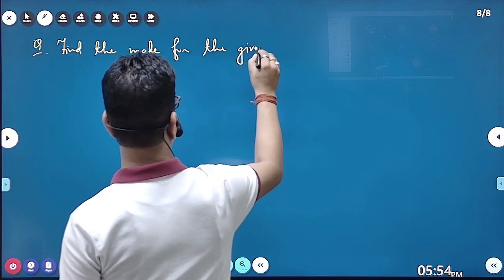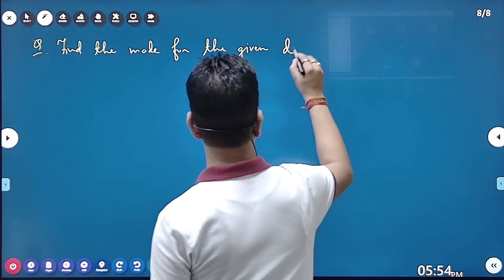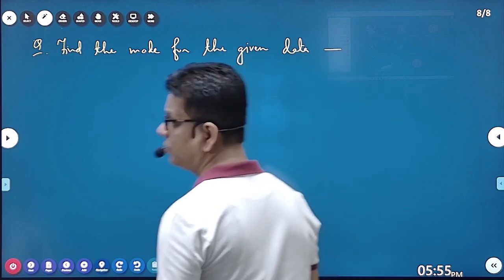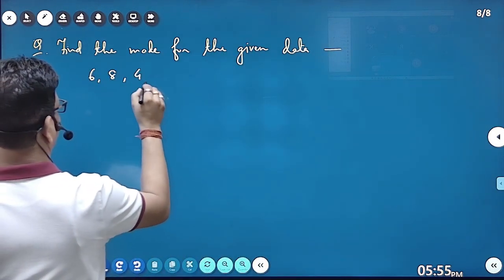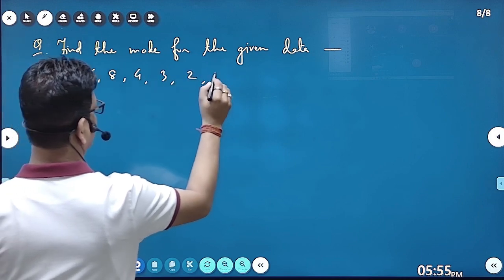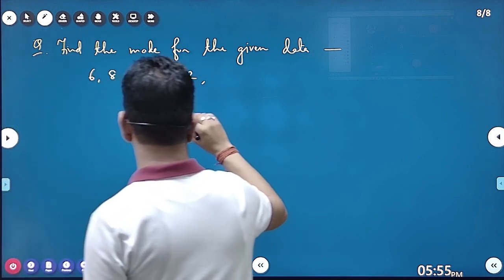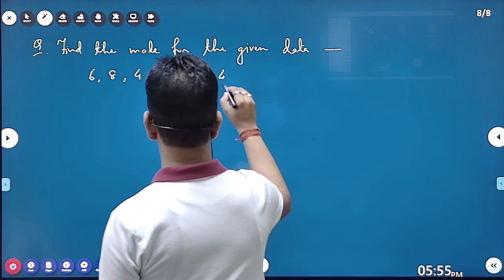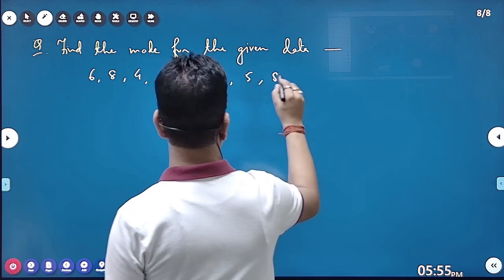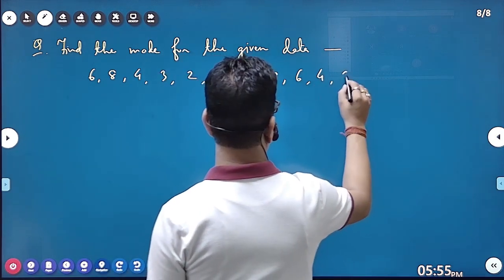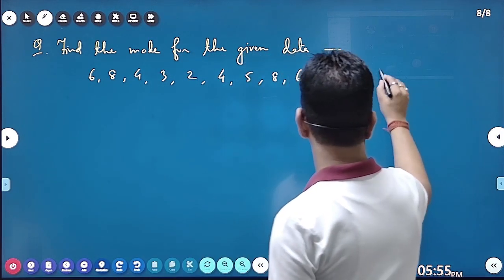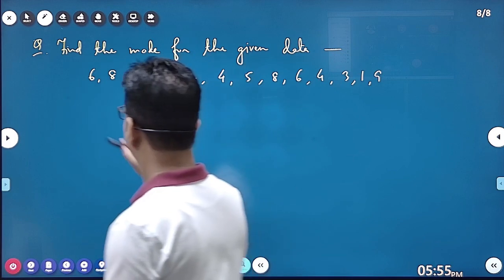This is a one word answer, direct answer. Suppose the data is like 6, 8, 4, 3, 2, ungrouped. So I'm writing in discrete mode. Suppose 4, 5, 8, 6. Then again, suppose 4, 3, 1, 9. Now, mode we need to find out.